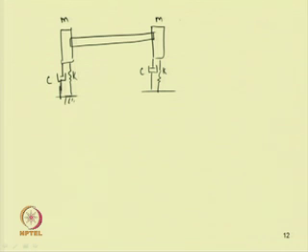Then at this end, the shear force will be equal to the inertia force plus the damping force and plus the stiffness force. So, one can write del by del x of E I del square W by del x square. This is the shear force, that is the rate of change of bending moment equal to shear force.